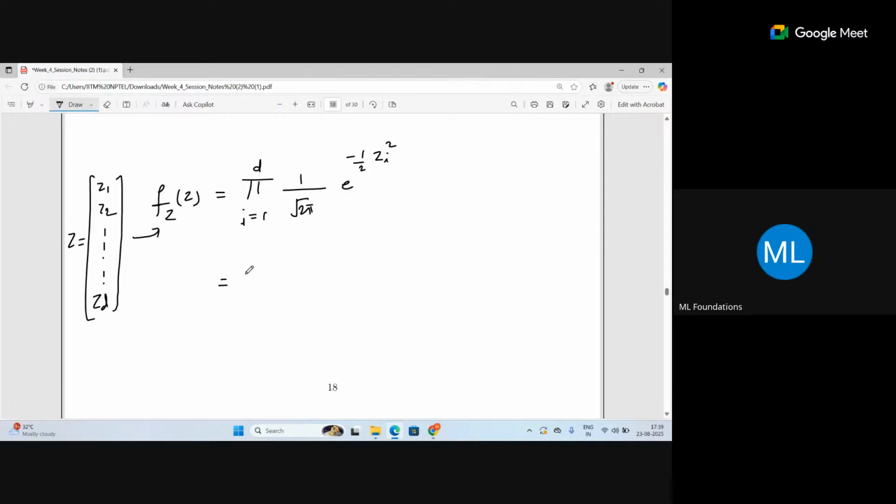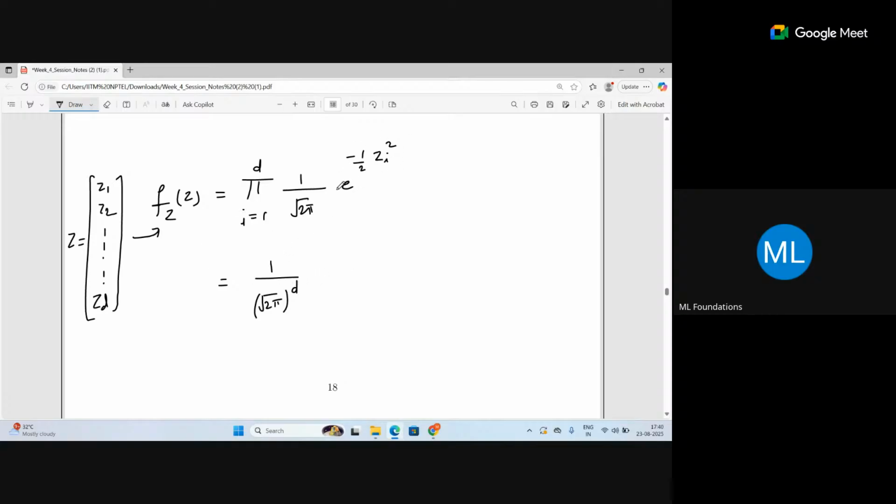Okay. And if I expand this product, how many times will this 1 upon root 2 pi occur in that product? d times, right? So the product will be 1 upon root 2 pi to the power d.